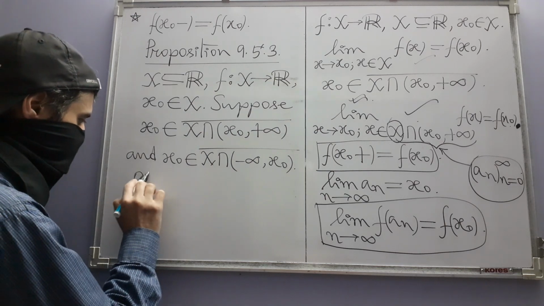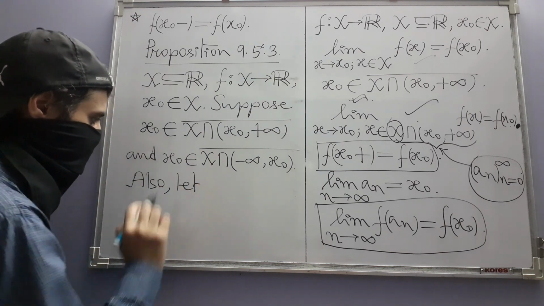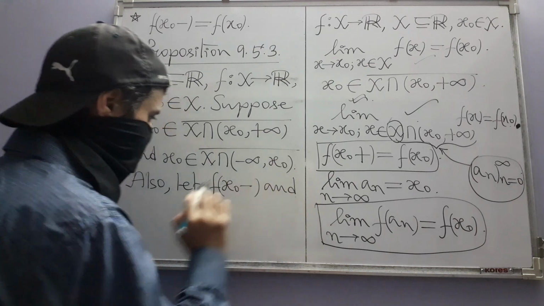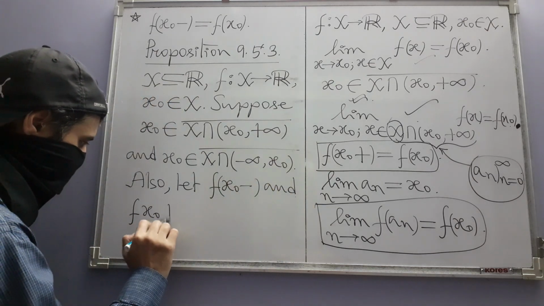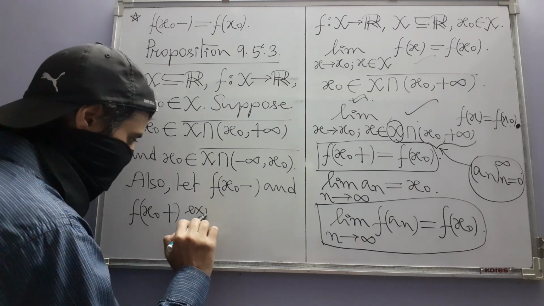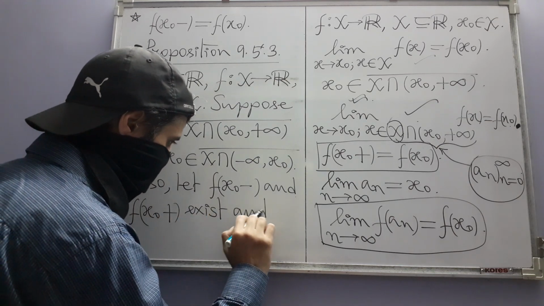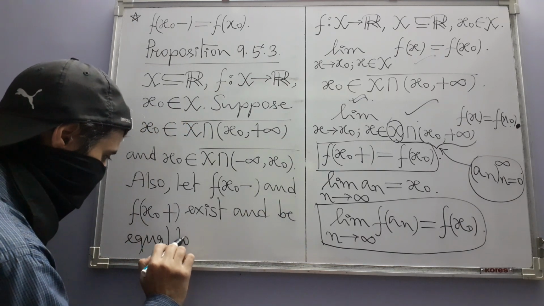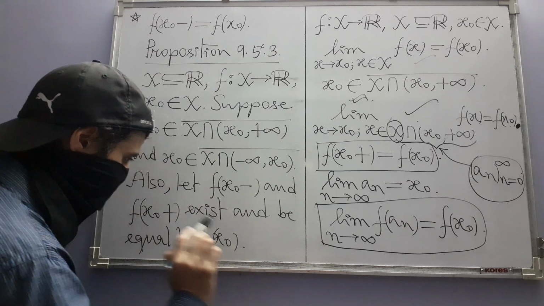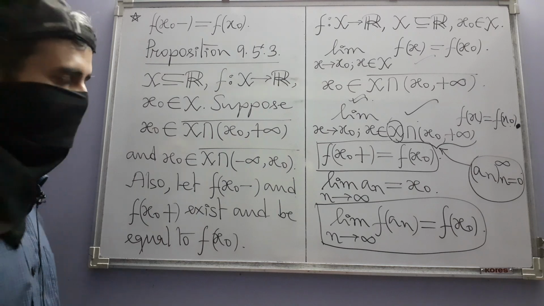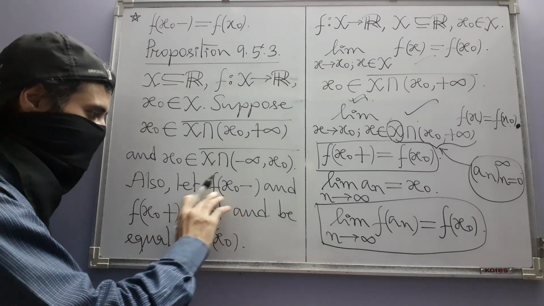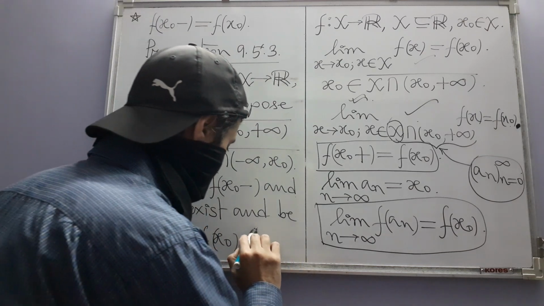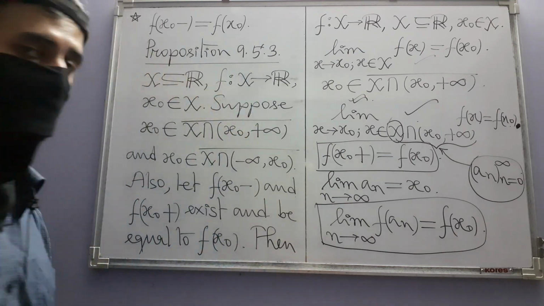Also, let the one-sided limits of f at x naught exist and be equal to the functional value at x naught. In other words, the two-sided limits exist and they are equal to the functional value at x naught. Then f is continuous at x naught.